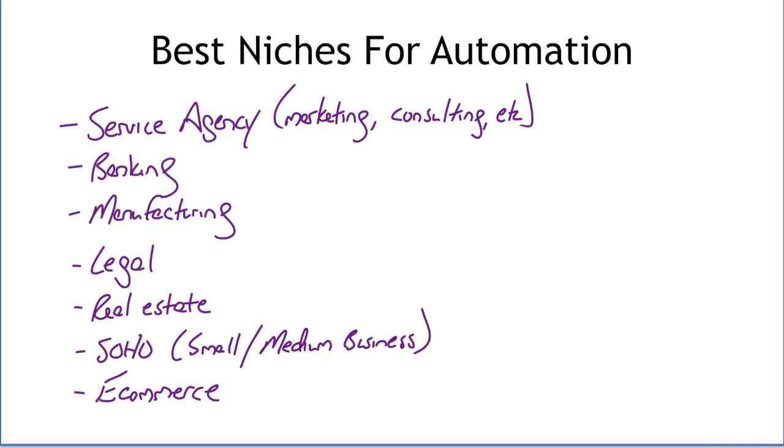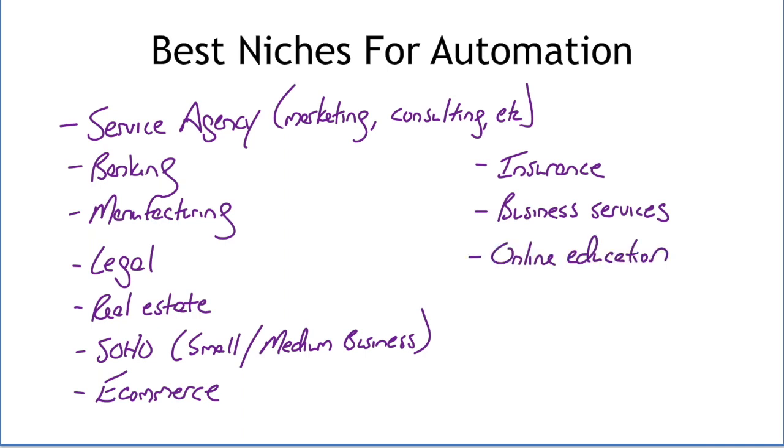But it's difficult to do too much from an email prospecting side with physical products, with the exception of discount codes and a lot of the physical product companies who are more content heavy. They put out a lot of videos, whether it's Instagram or Facebook, and it's a little bit easier to drive prospect email lists and then convert them into buyers. Insurance is another one. Business services kind of goes with the service agency. Online education and traditional education.